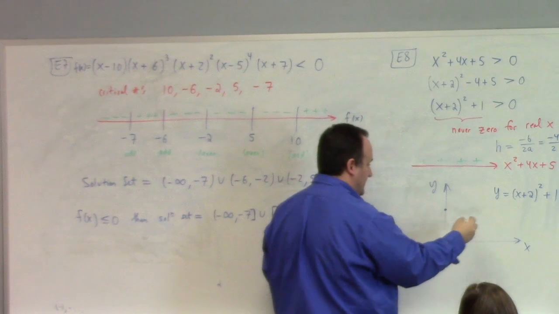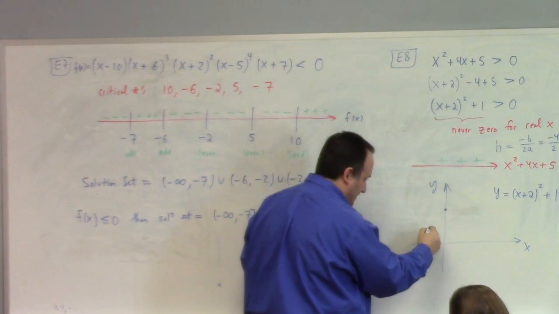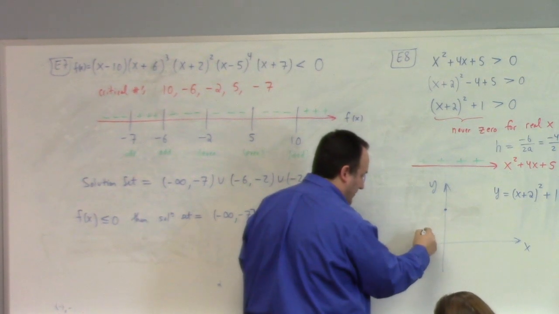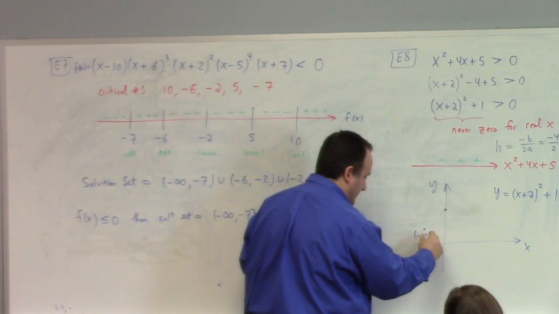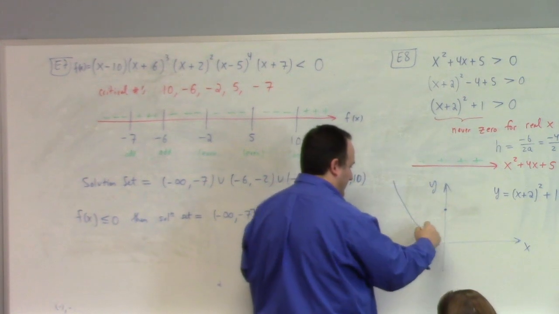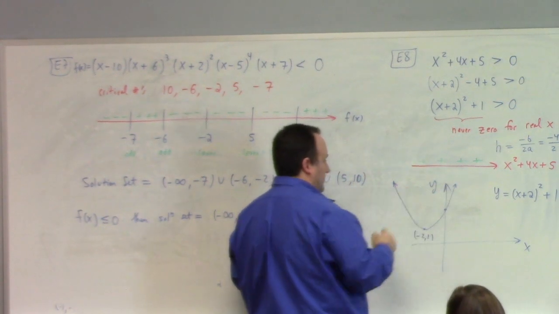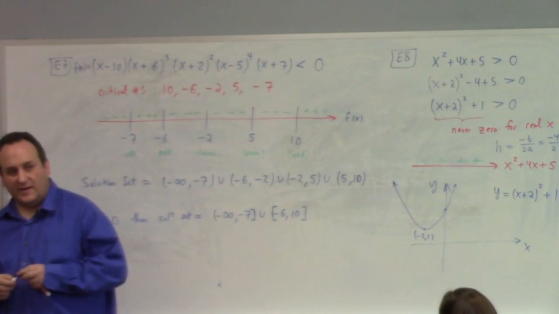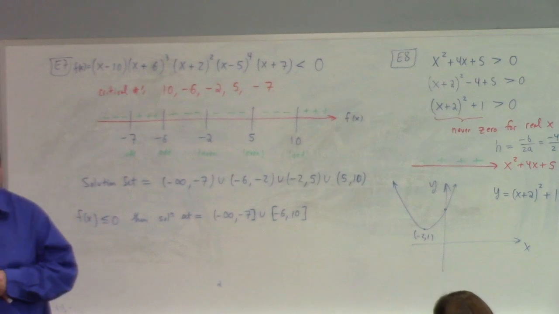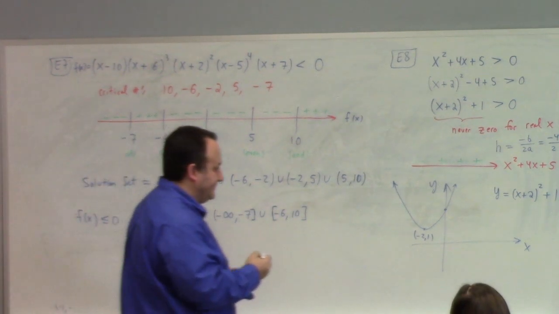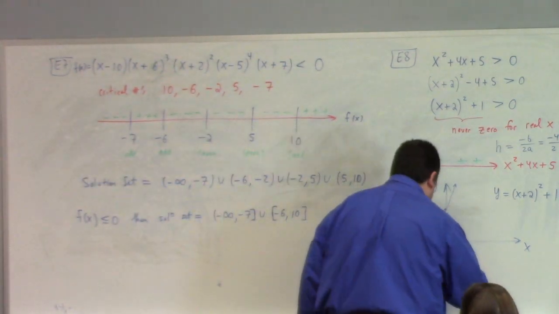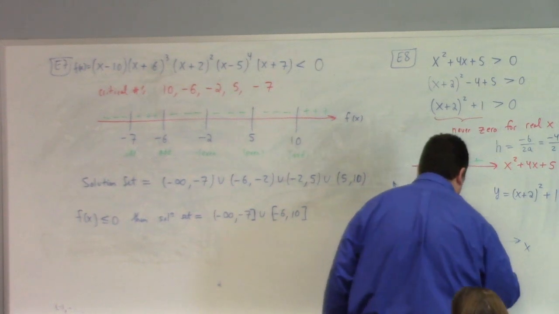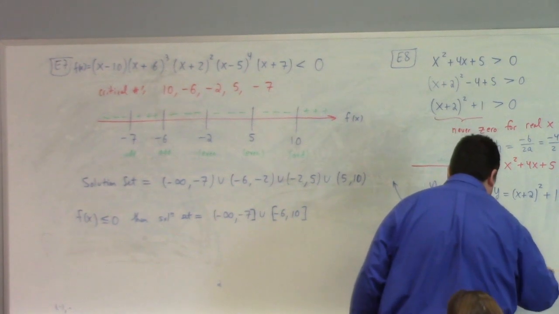It happens at minus 2. So at minus 2, comma 1, that's your vertex. And so this guy looks like this. So is the value of the function positive everywhere? Absolutely. What's the solution set? Everything, minus infinity to infinity.